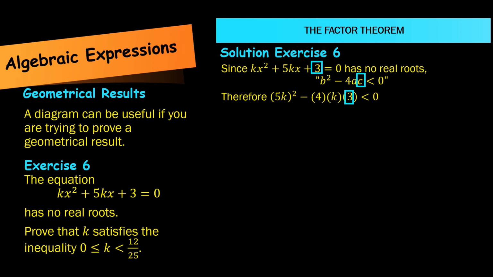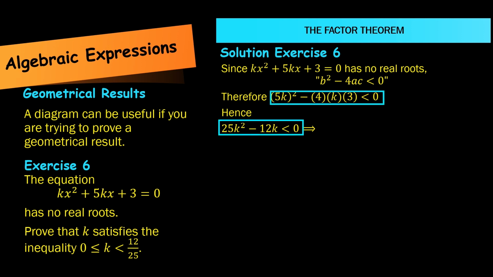And therefore, if we tidy up on the left-hand side, we obtain 25k squared minus 12k is less than 0. This implies that k times 25k minus 12 is less than 0, since we've factorized the left-hand side.